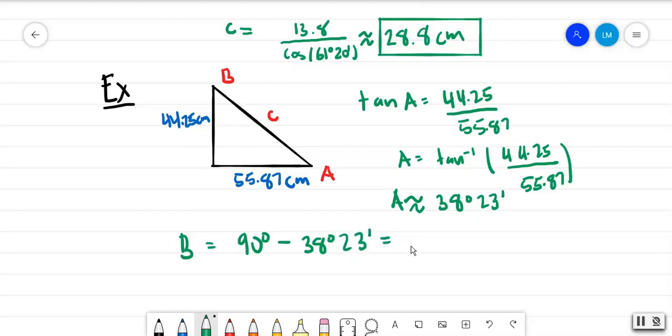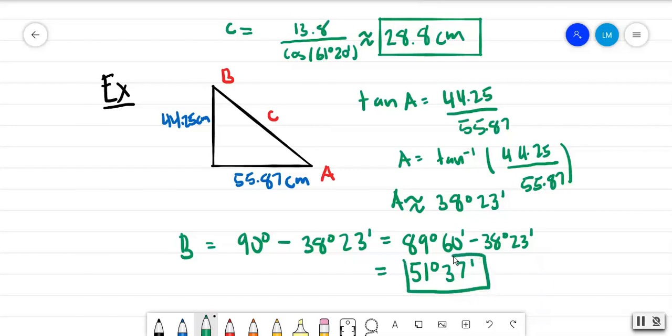If you're okay with the borrowing, then it makes sense: 89 degrees, 60 minutes minus 38 degrees, 23 minutes, which equals 51 degrees and 37 minutes. So that gives us that, and we had A.